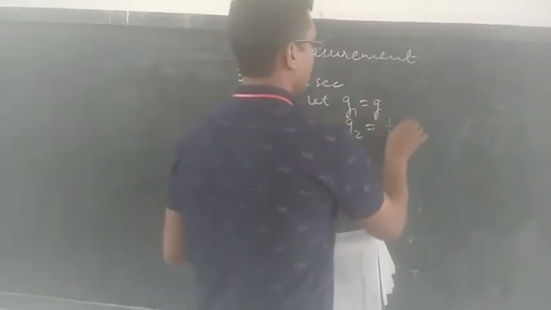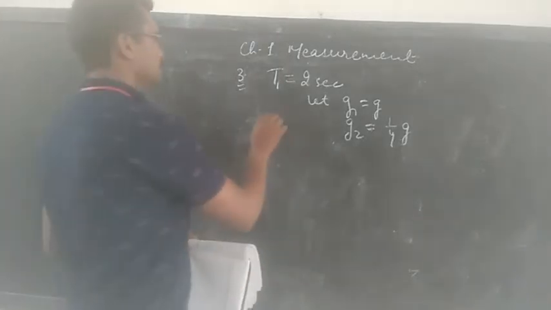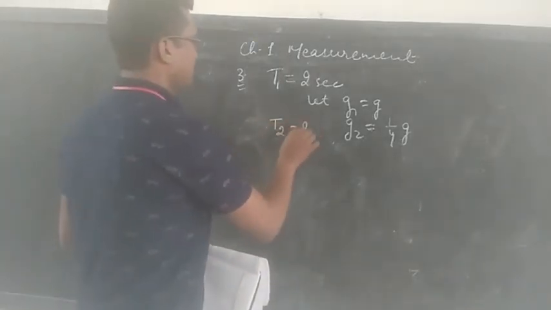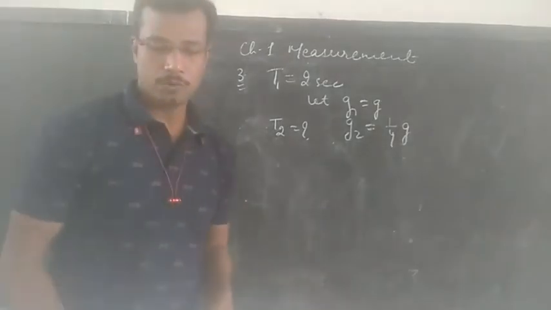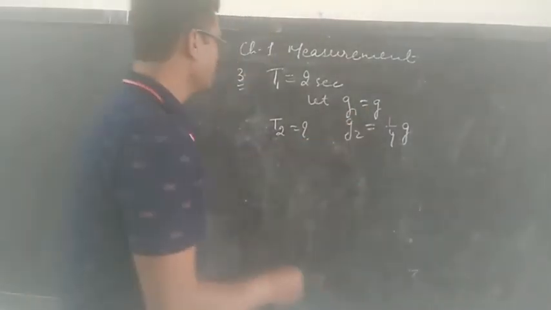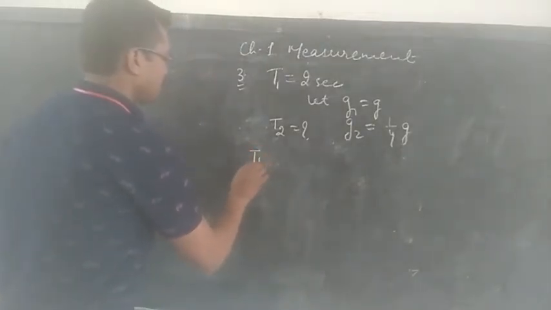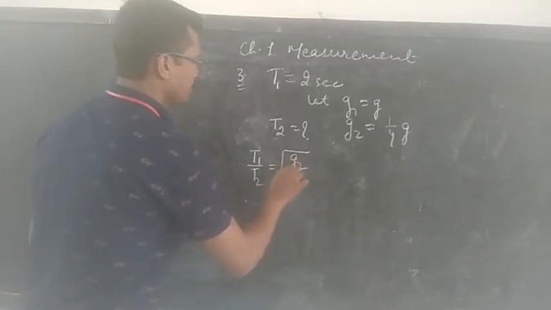So we can write 1/4 g. So you have to find out what will be the new time period. So I told you when there is only change in the acceleration due to gravity, we can use this. That is T1 by T2 is equal to under root g2 by g1.